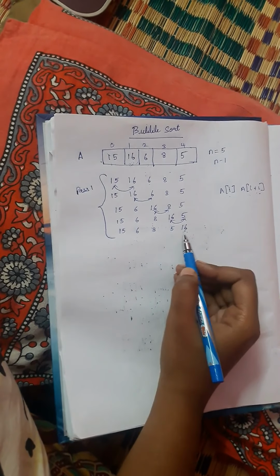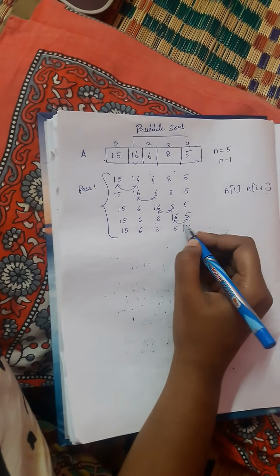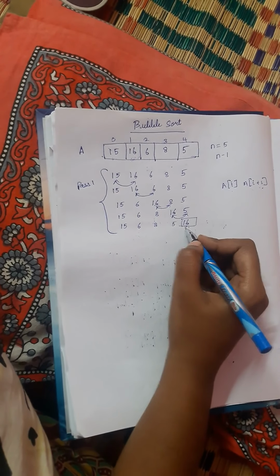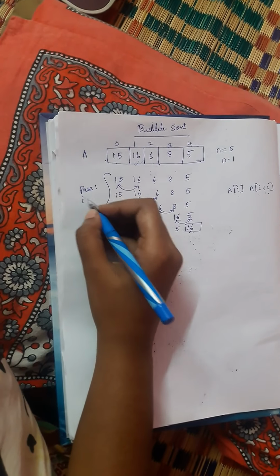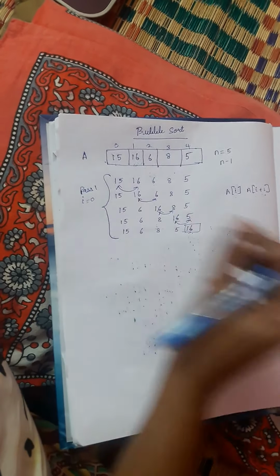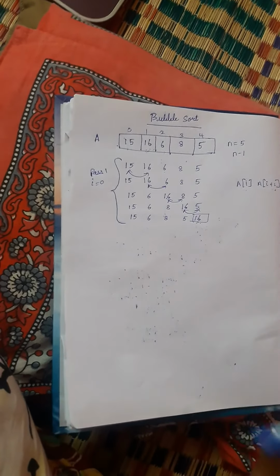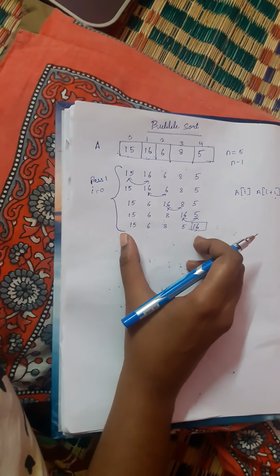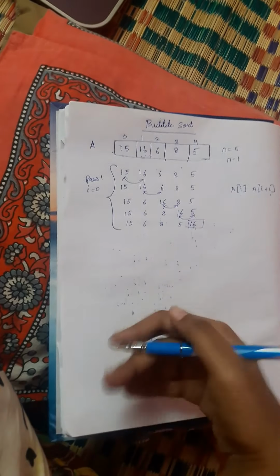So in pass 1 we have attained that 16. Here we are going to consider I equal to 0; we will see this in the program. Next pass, I will take these elements and do the next process.